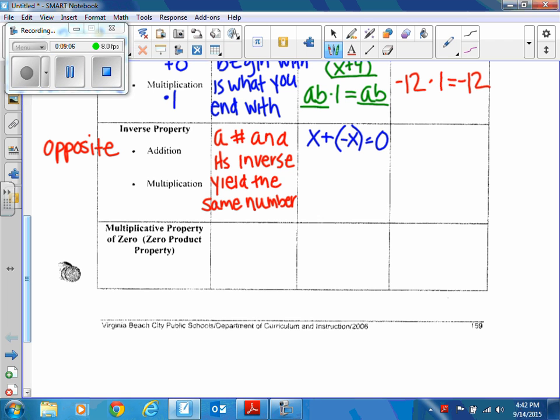Okay? With multiplication, if you have x divided by y, the key word here when we're doing multiplication is reciprocal.